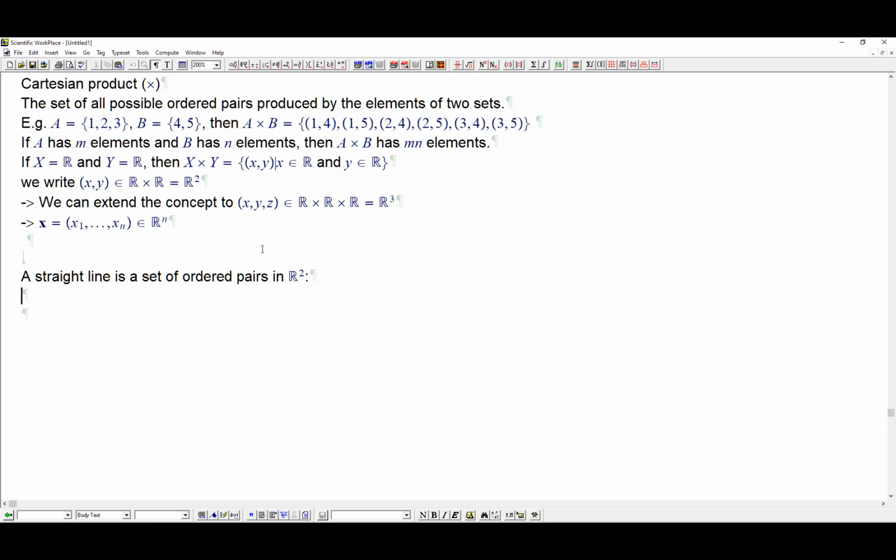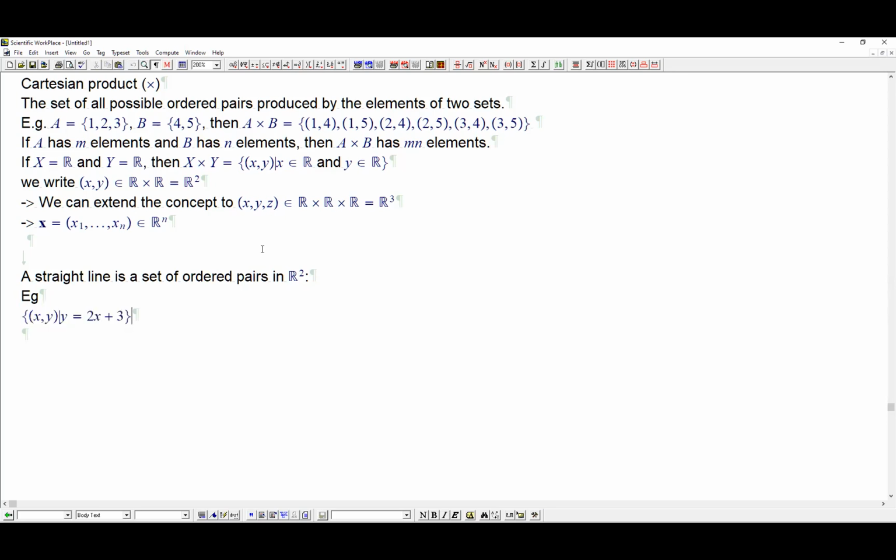So for instance, if I say an ordered pair (x, y) such that, let me use some equations, y equals 2x plus 3.